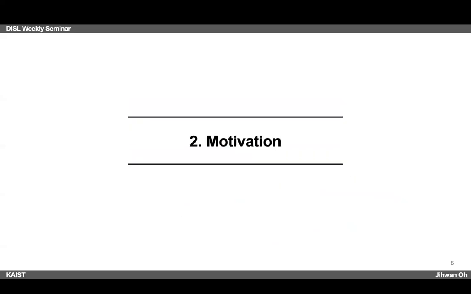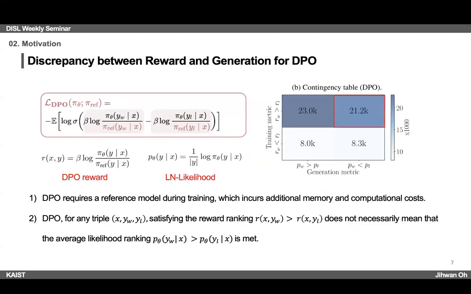Now let's see the motivation of this paper. In this section, the authors point out the key limitation of DPO. They argue that there exists a discrepancy between the reward used for training and the model's actual generation behavior.